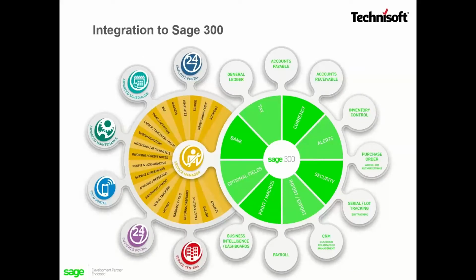Important to note that Service Manager is fully integrated with the Sage 300 desktop. So as you can see, Service Manager is another module like any of your other modules, and there's all single entries. So if you're doing accounts payable, it's single entry. If you're doing accounts receivable, your invoice updates your ledgers, and so forth. All your inventory is taken directly from inventory control.